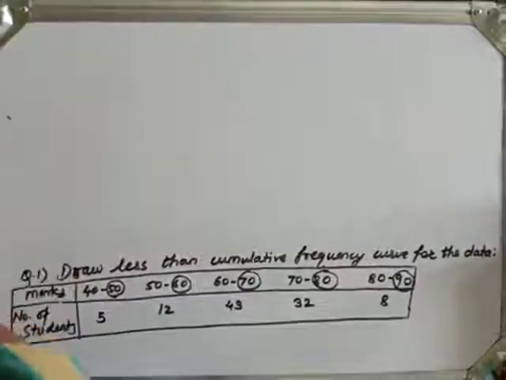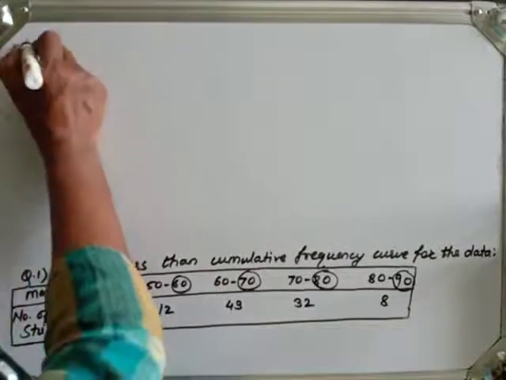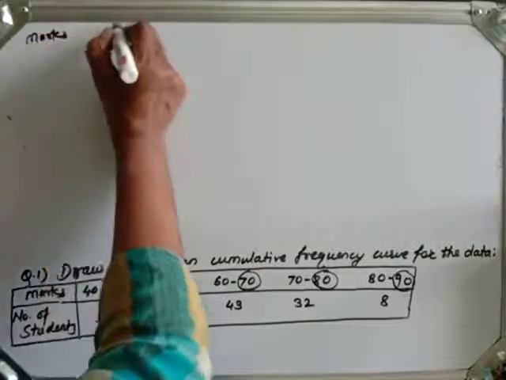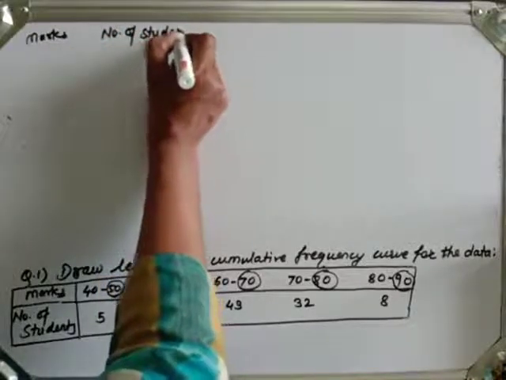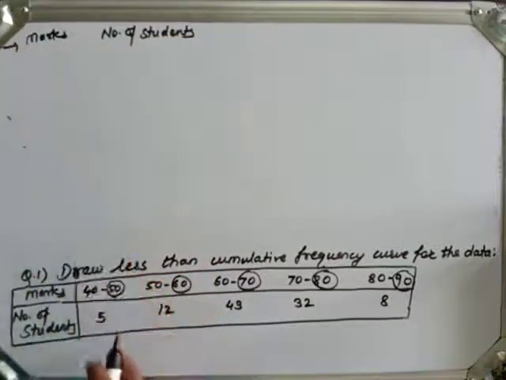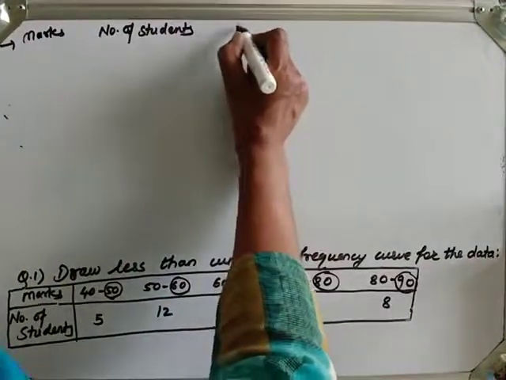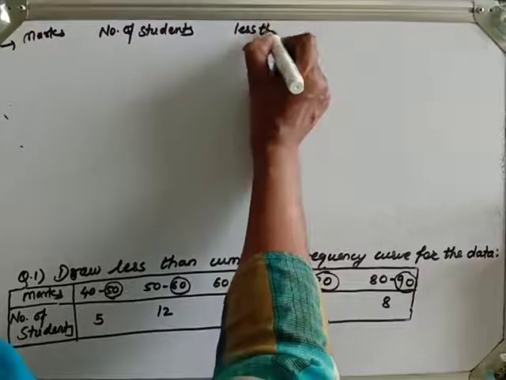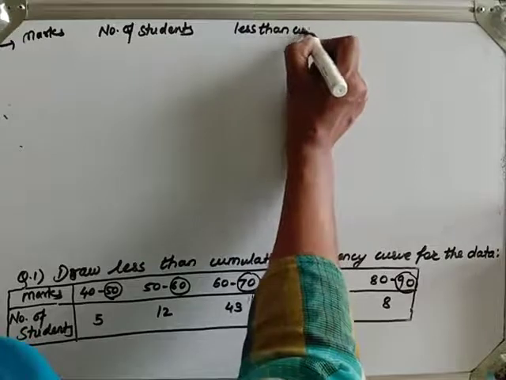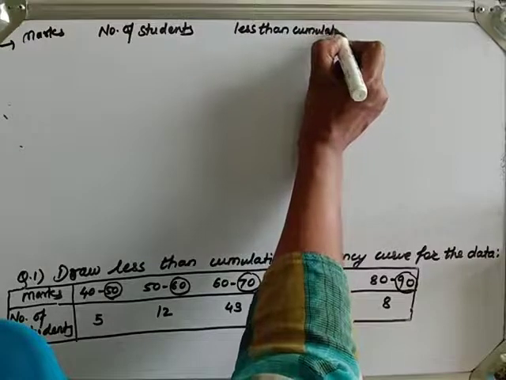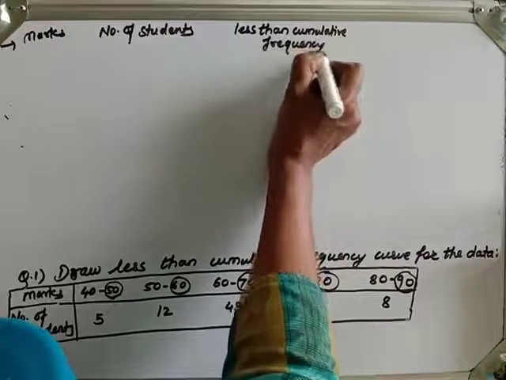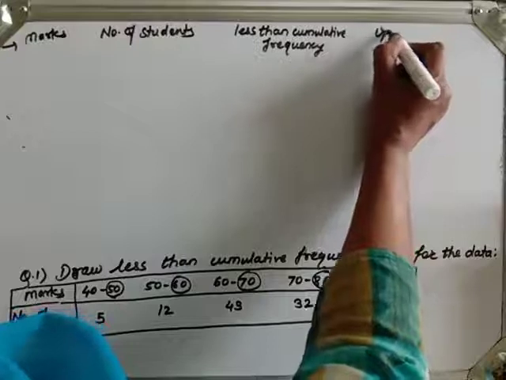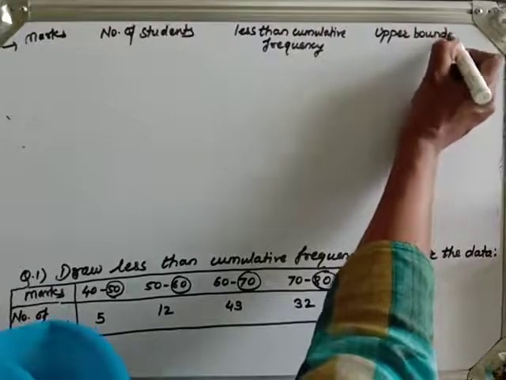Here let me write marks, number of students, then less than cumulative frequency, and we will consider the upper boundaries or upper limit of the class.